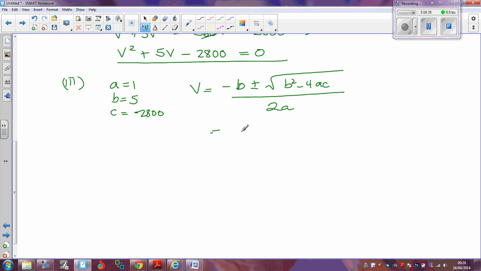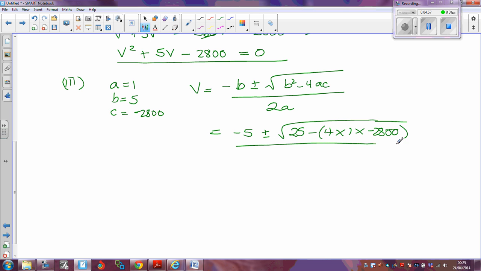So v is equal to minus b, so that's minus 5 plus or minus the square root of b squared, well that's 25, minus, put a bracket here, 4 times 1 times minus 2,800, and that's divided by 2a, well that's just 2 times 1.